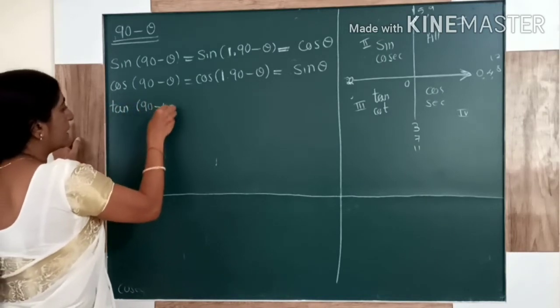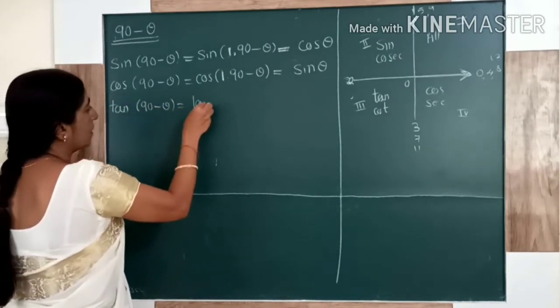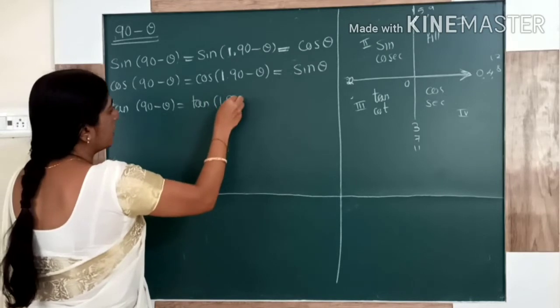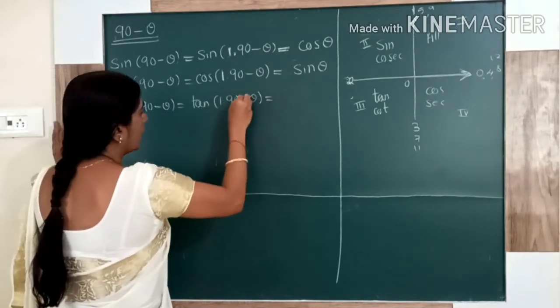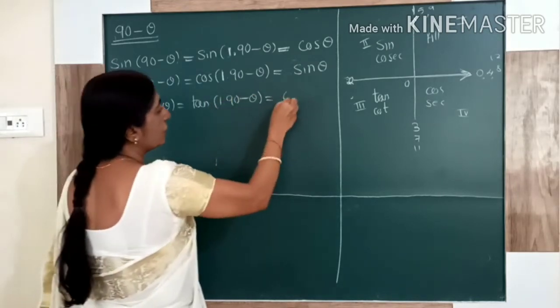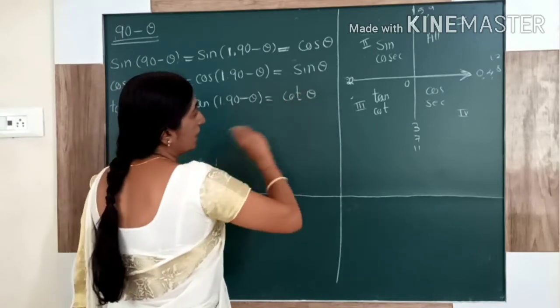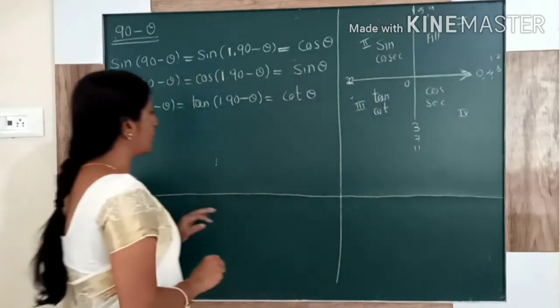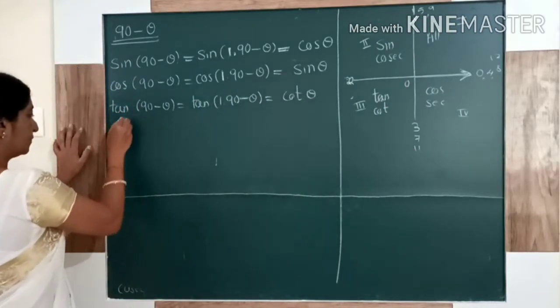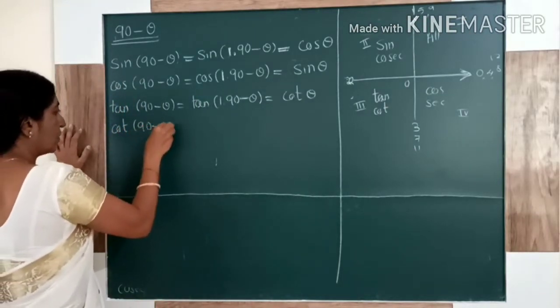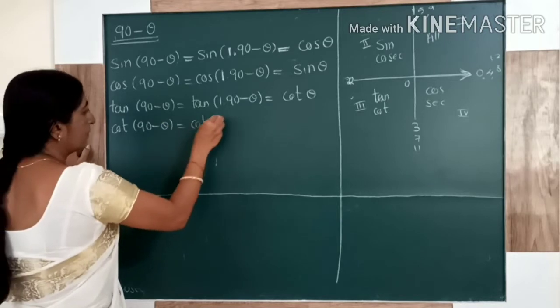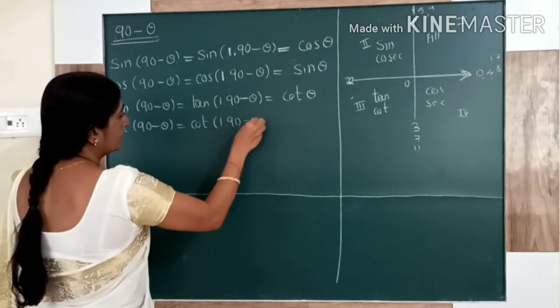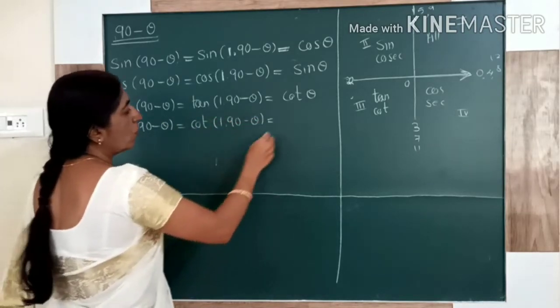Now tan of 90 minus theta. It is tan of 1 into 90 minus theta. 1 is odd. Tan changes to cot. It is also 1 into 90 minus, meaning first quadrant. That is also positive. Cot of 90 minus theta. 1 is odd.